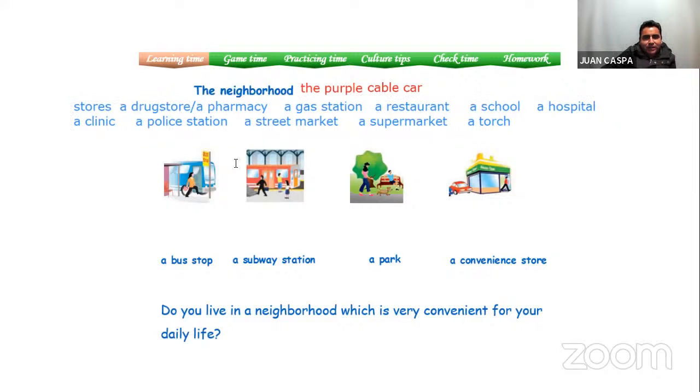Okay. But many things, of course, even in a neighborhood it is possible to find a bus stop, a bus station, parking, right? Parking service, even a taxi stop can be possible.